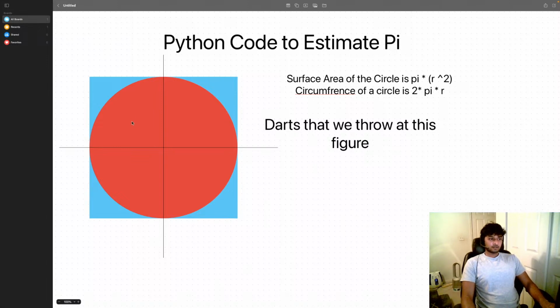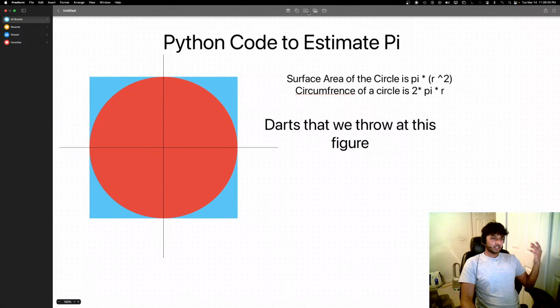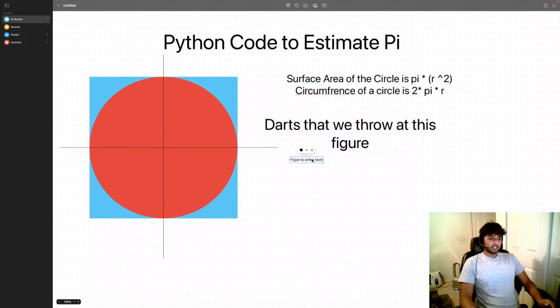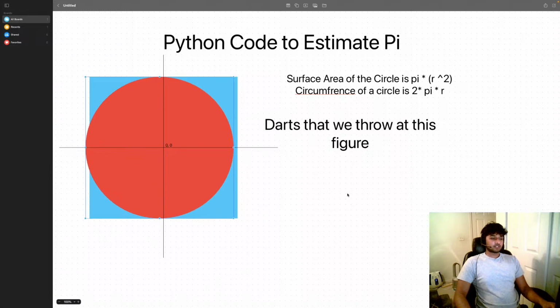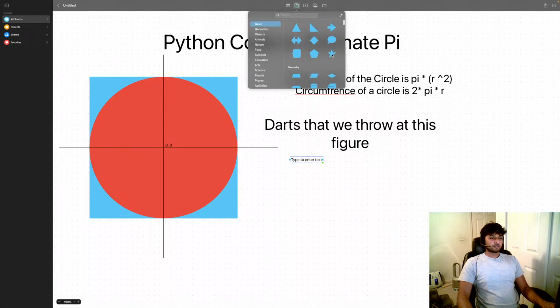Okay, we have this target. We're throwing darts at this target, and these darts are going to land in these coordinates. They're going to have coordinates, obviously, because this is a coordinate grid. So this point right here, for example, is 0, 0. How are we going to mark those points?